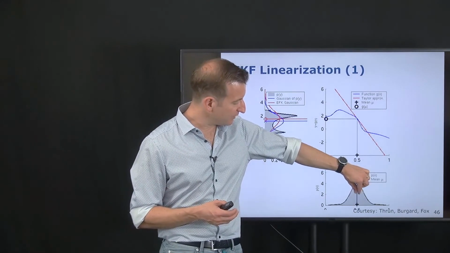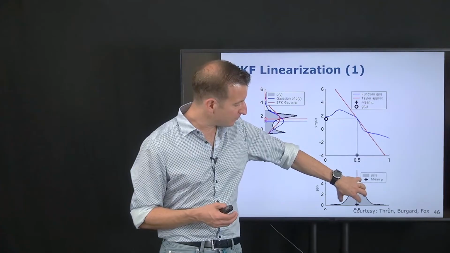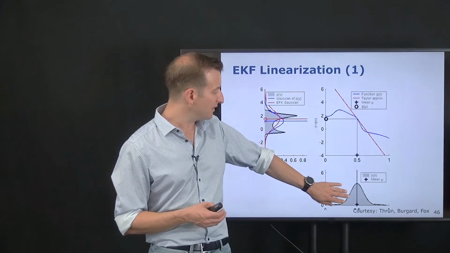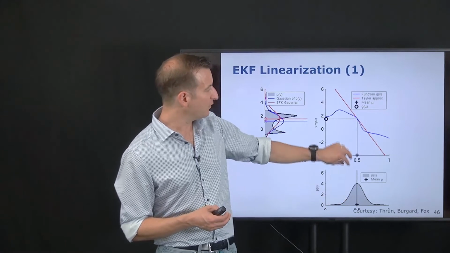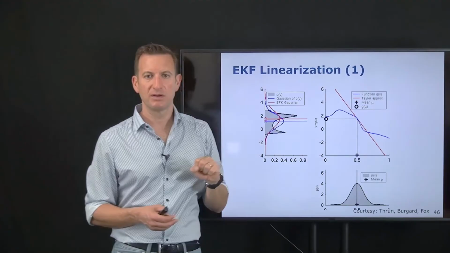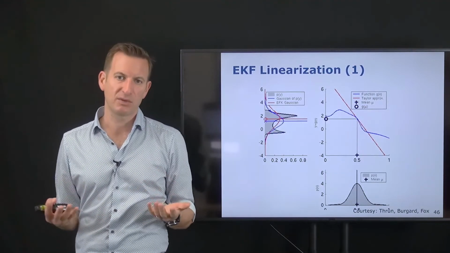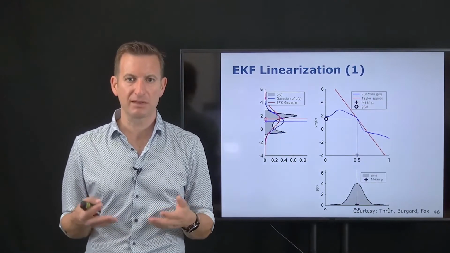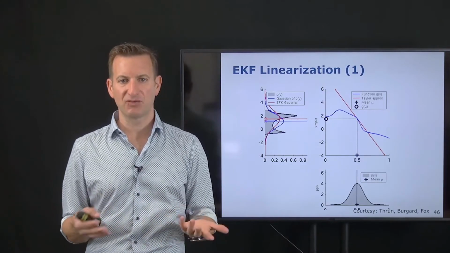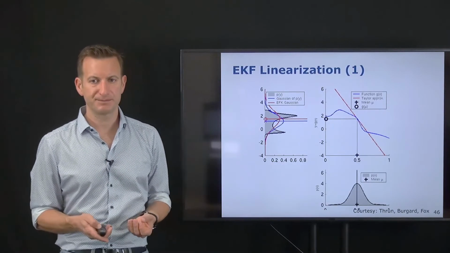So if the uncertainty is large, that means a lot of probability mass is distributed over the space here. And that means more probability mass will be mapped through the red function where I'm far away from the linearization point. And under the assumption that the further away I am from the linearization point, the larger my approximation error gets, the larger the error that is generated through the transformation itself.